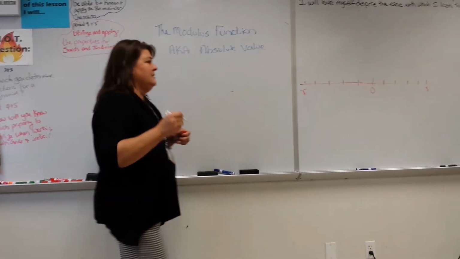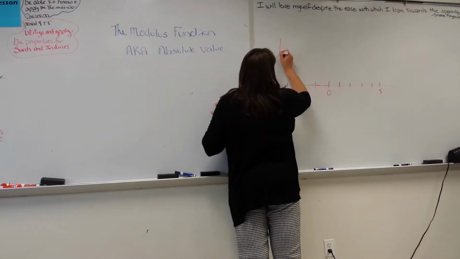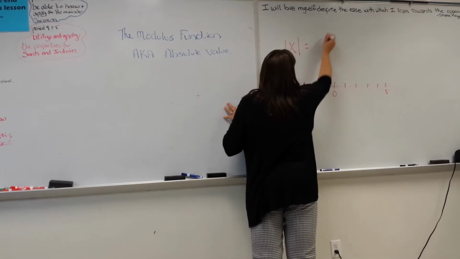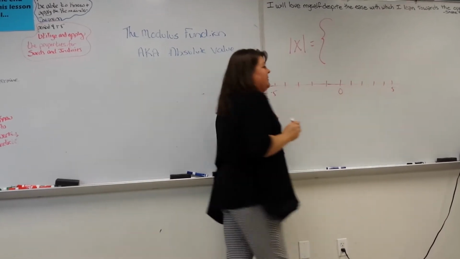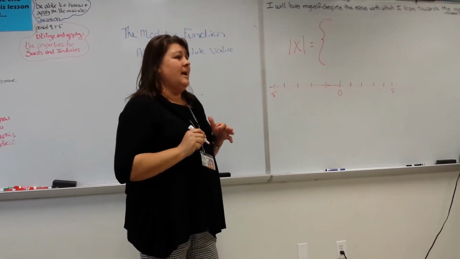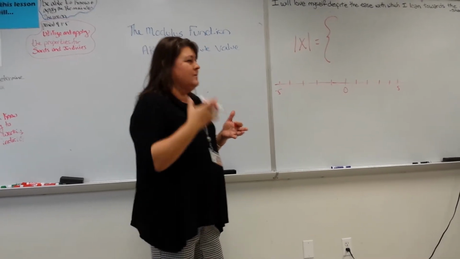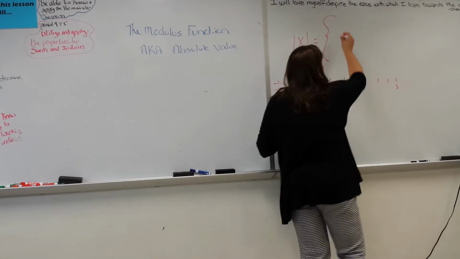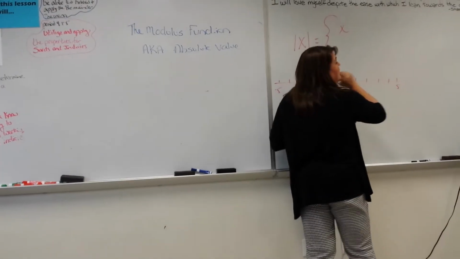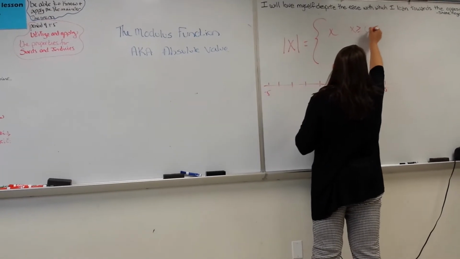By definition, the absolute value of x is truly what we consider a piecewise function. I just want to show you this so you have an idea of how this works. It's positive x when x is greater than or equal to 0.